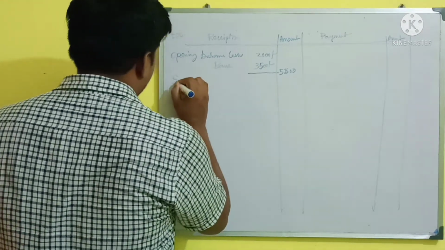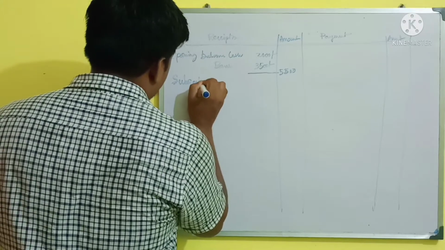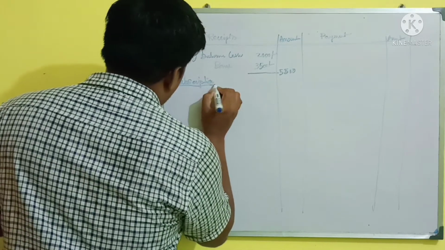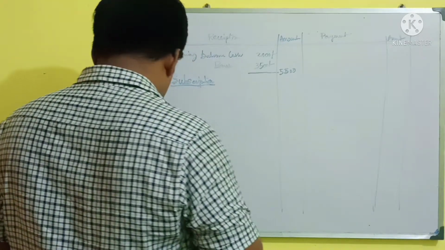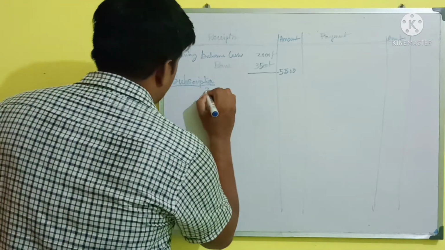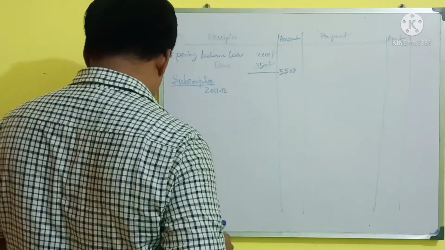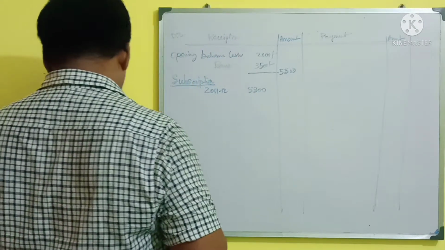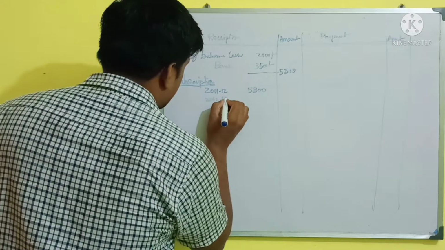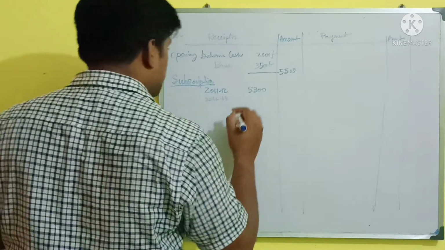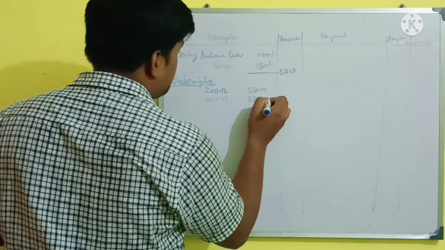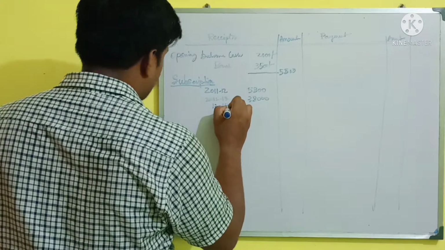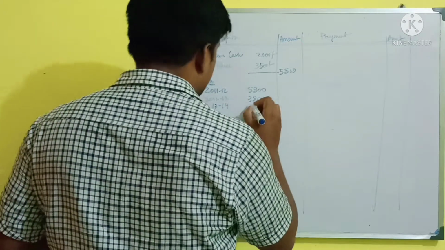Subscription, sorry for the ink condition, actually I think it is running out. For 2011 and 12 rupees 5300, for 2012 and 13 it is showing 38,000, and for 2013 and 14 it is 1,500.